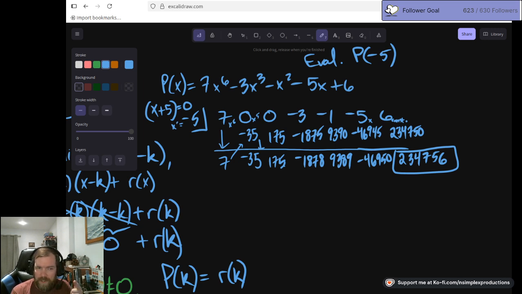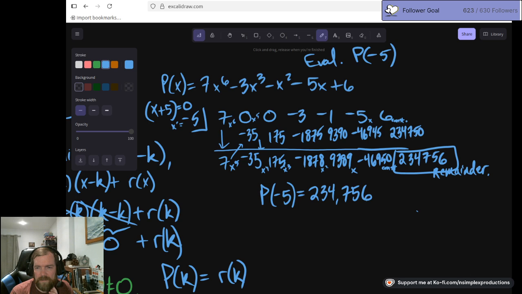So now our quotient is going to have x to the 5th, x to the 4th, x to the 3rd, x squared, x, and constant, which leaves this last one as the remainder. And this means that p at -5 is equal to 234,756.